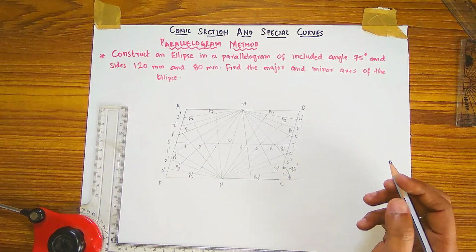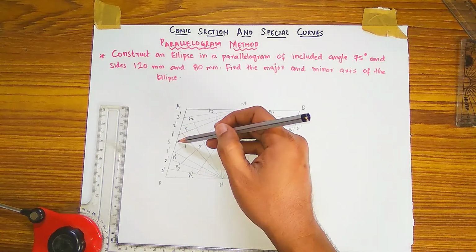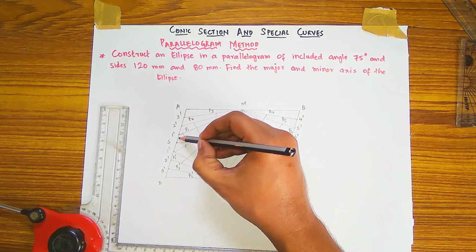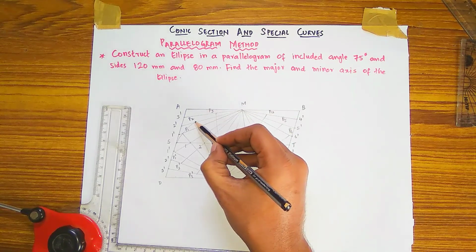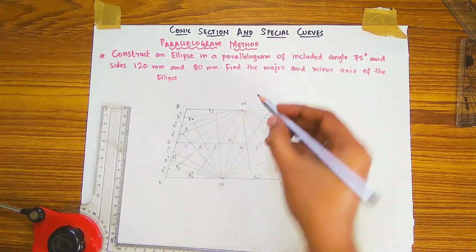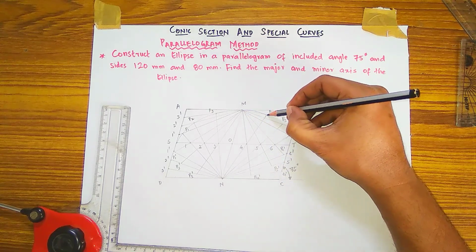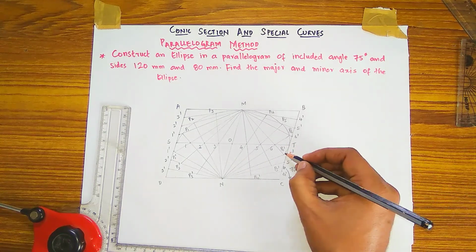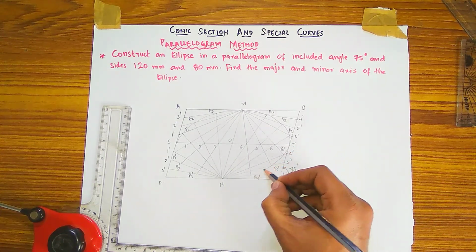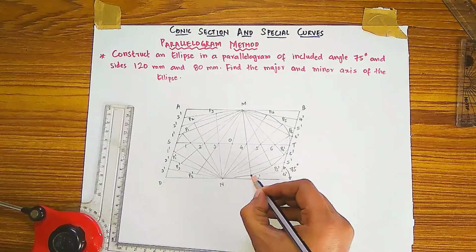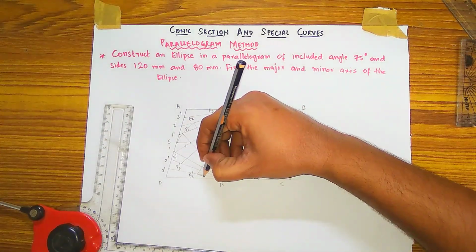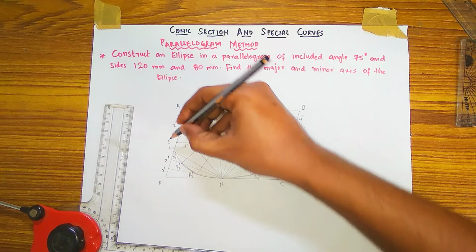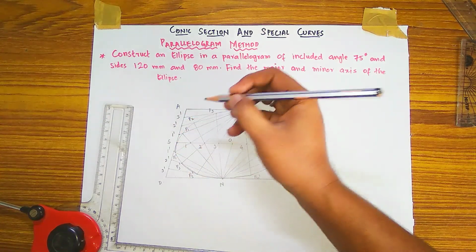Now after marking all the points of the ellipse, you have to construct an ellipse by your free hand. You have to make the curves from S to P1 like this, P1 to P2, P3, then M to P4, P5, P6, then T, P6 dash, P5 dash, P4 dash, then N, then P3 dash, then P2 dash, then P1 dash, last S1.